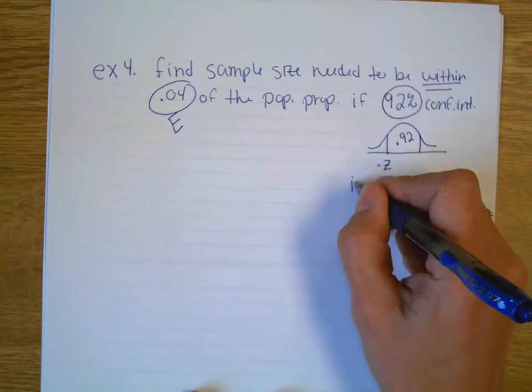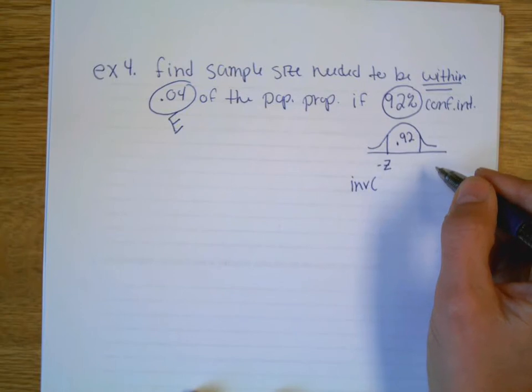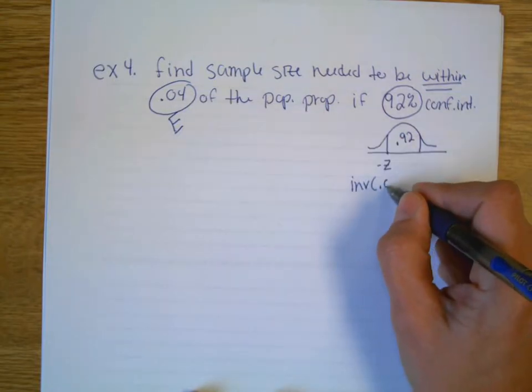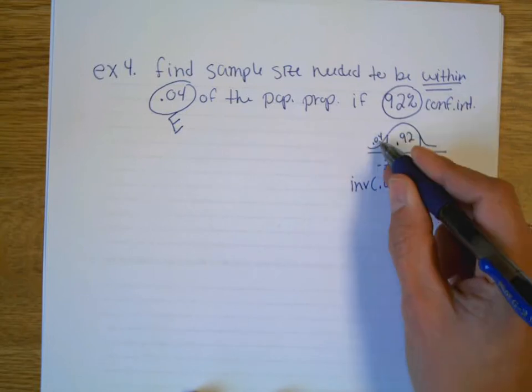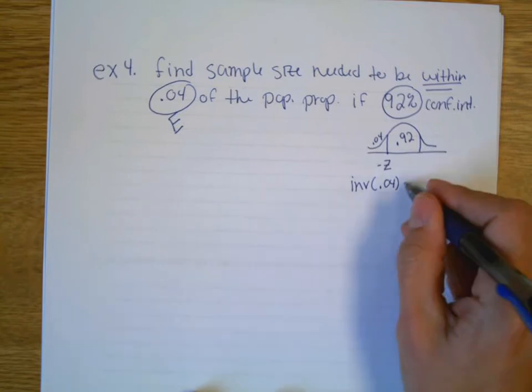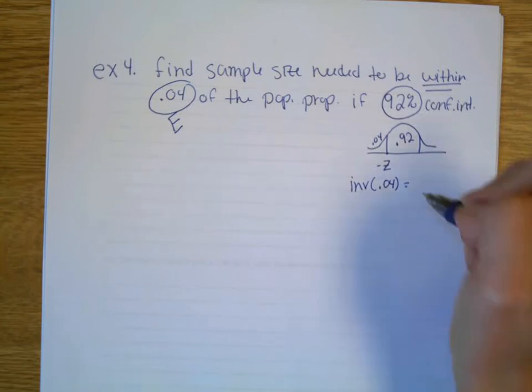Inv-norm of what? Area. The tail. What's in the tail? 4%. Oh, I don't like that matched that, but we'll go with it. My tail piece is matching my max error. That's usually bad in an example to have that overlap. But it is what it is. So if you do the inv norm there, 1.75.